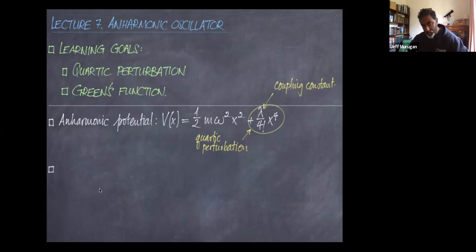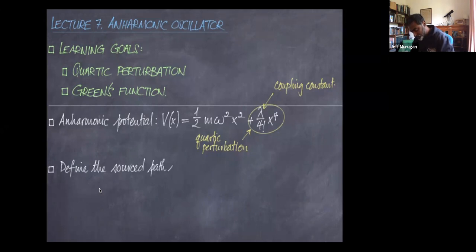To that end, I'm going to define the sourced path integral, which I'm going to call K_0, so K Euclidean naught, and this is going to be a functional of J.